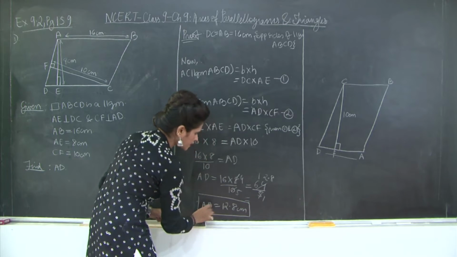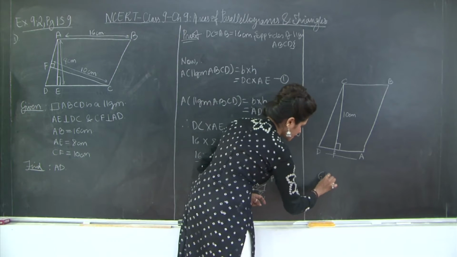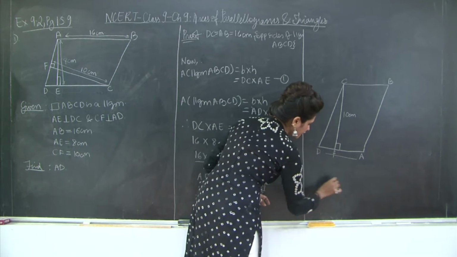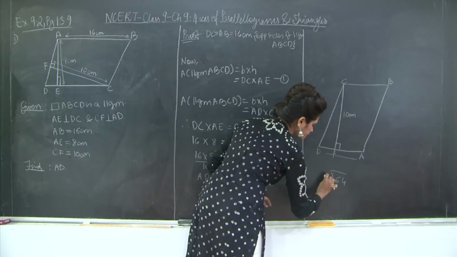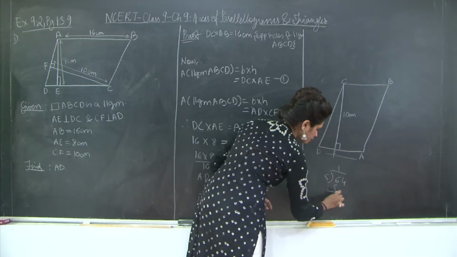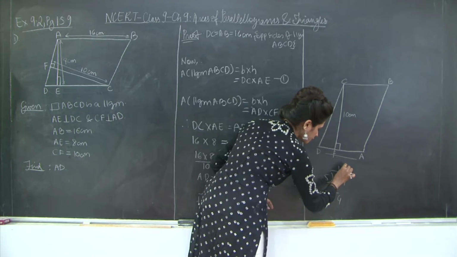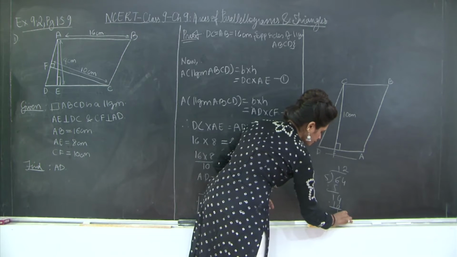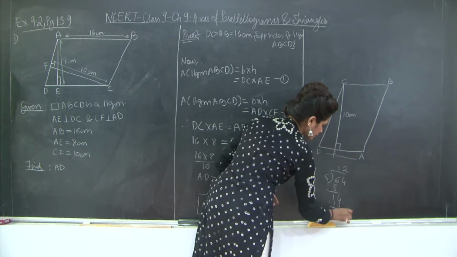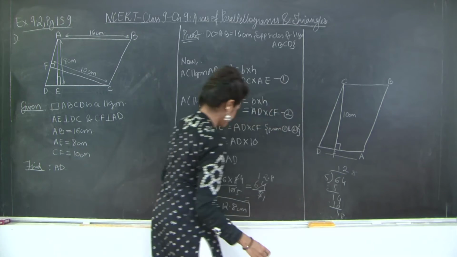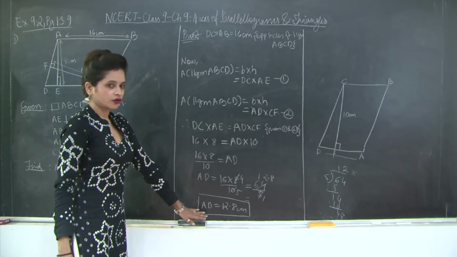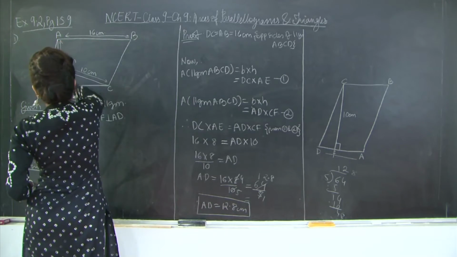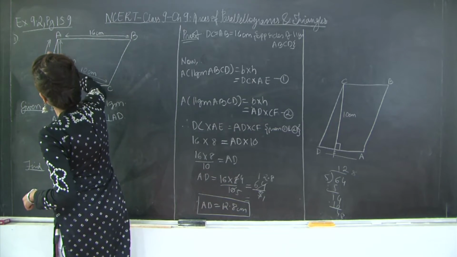Let's just cross verify. 64 divided by 5. So this is your length of AD out here. So if you want, you can even mark it.